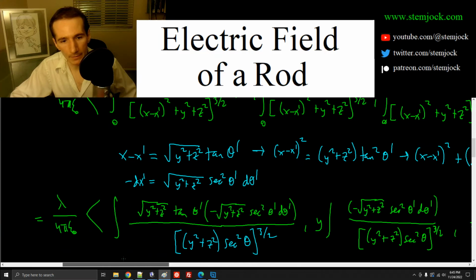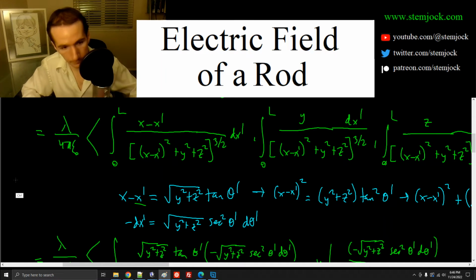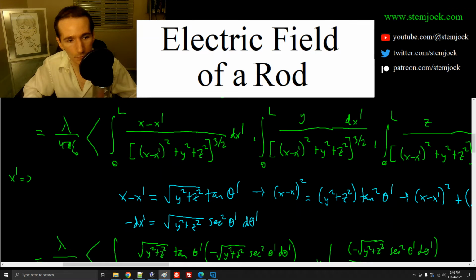So by making this trig substitution here, we have to change not only the integrand, but also the limits of integration. Previously, x prime ran from 0 to L. Now, if we plug x prime equals 0 into this defining equation, this becomes x equals square root y squared plus z squared tangent theta prime.